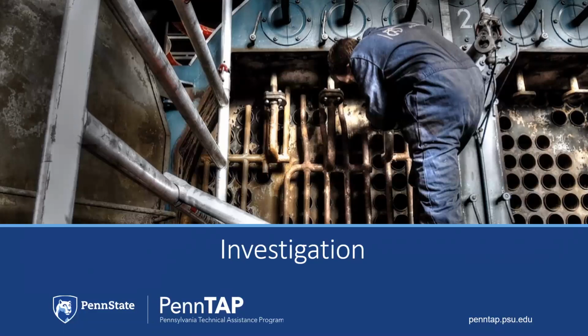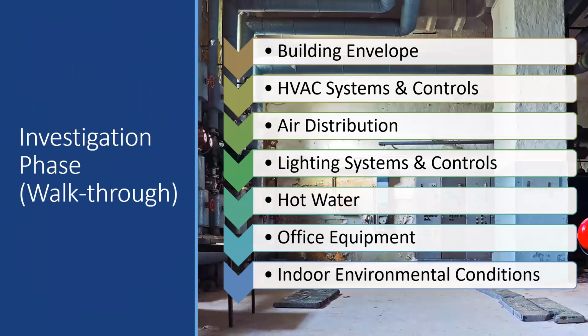Moving forward with the investigation phase, our goal in this phase is to identify operational problems and energy savings opportunities. In the investigation phase, you want to walk down your major building operations. We have building envelope, HVAC systems and controls, air distribution, lighting systems and controls, hot water, office equipment, and indoor environment conditions.